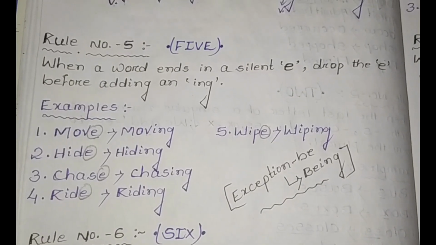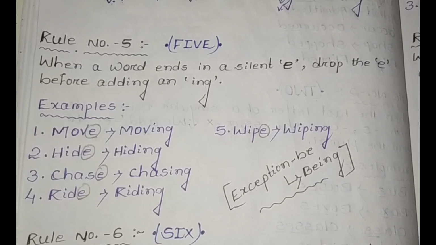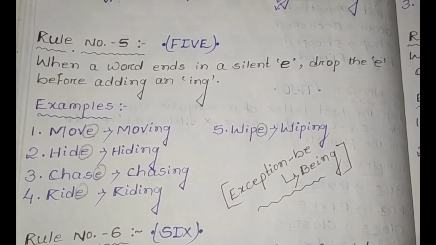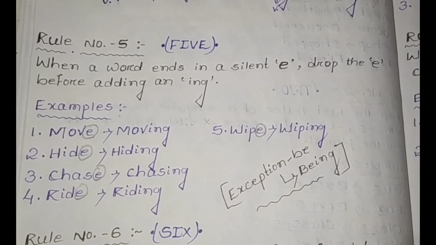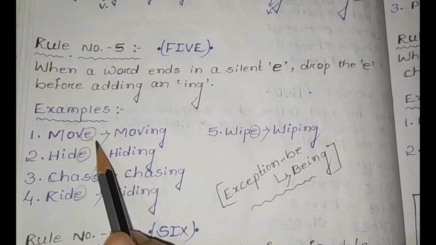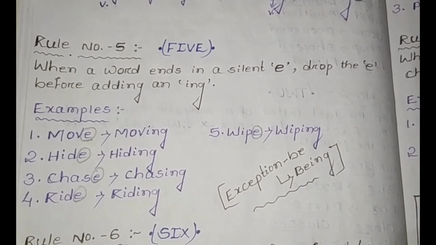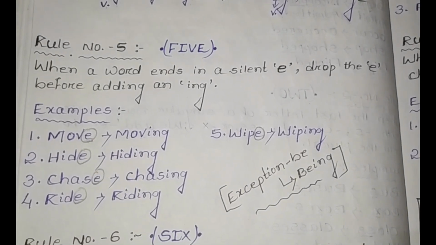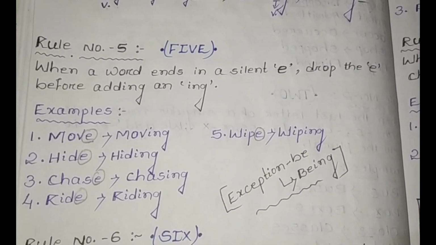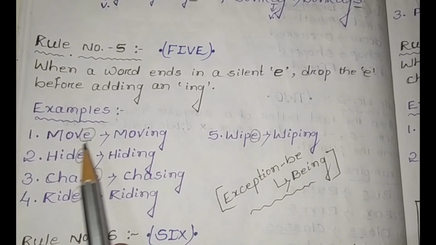Coming to rule number 5. You can see here, when a word ends in a silent e, then we should drop the e before adding ing. So you can see here the examples. Move.